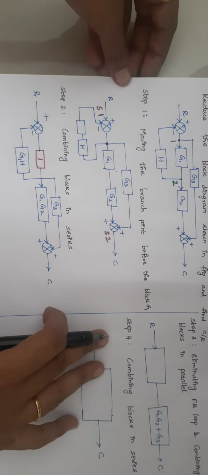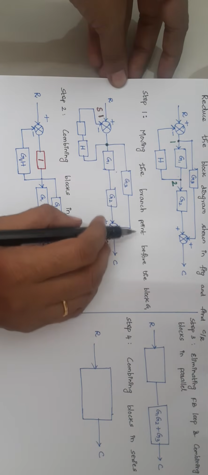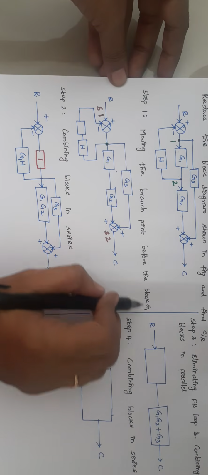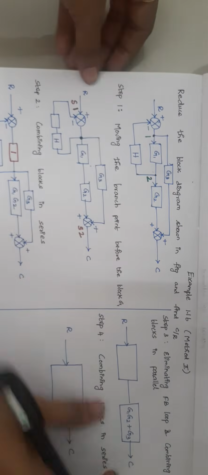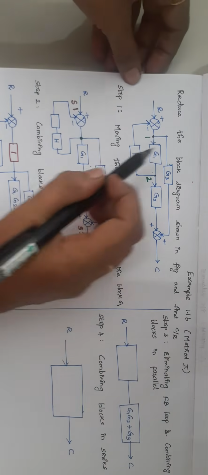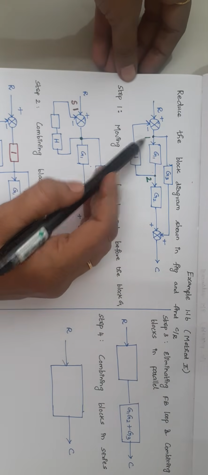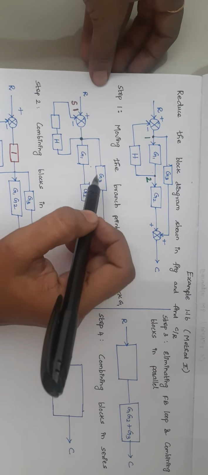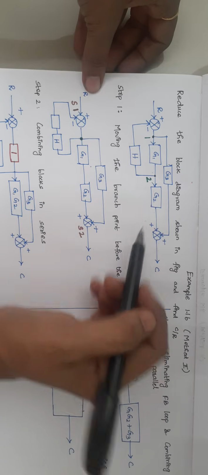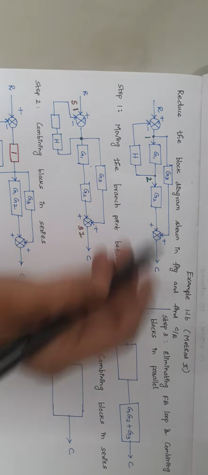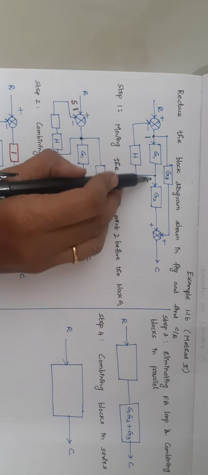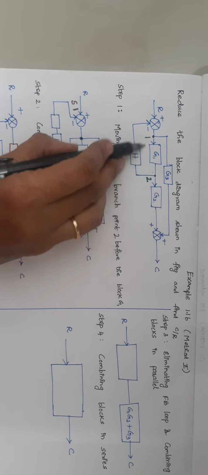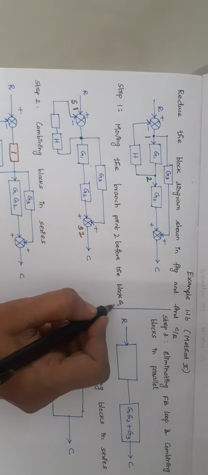The first step here is moving the branch point before the block G1. This diagram consists of two branch points, branch point 1 and branch point 2. I am going to move branch point 2 before the block G1.